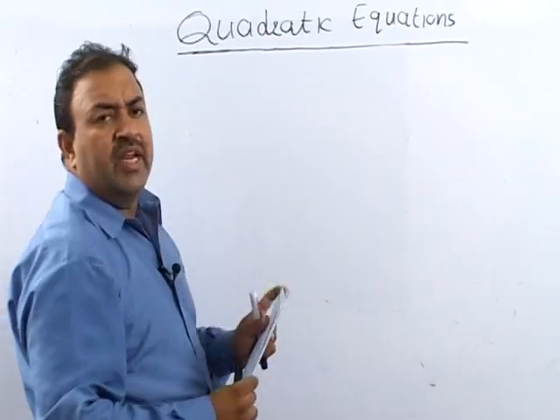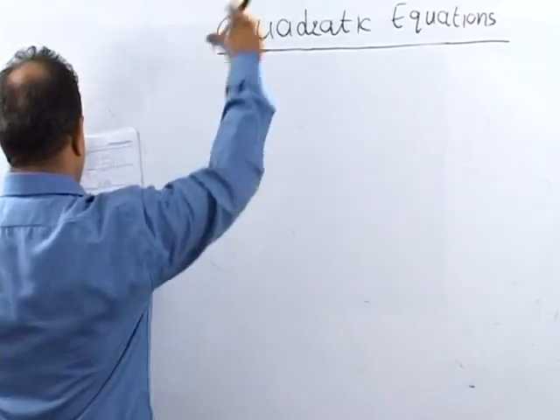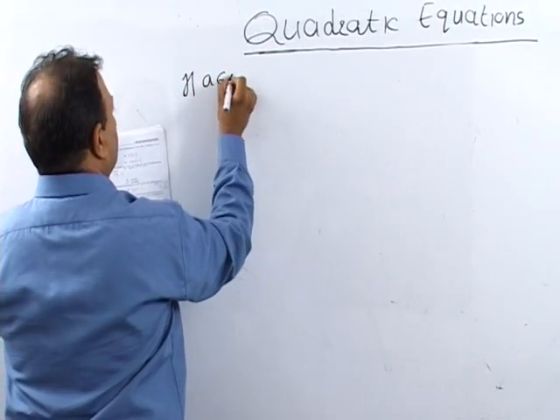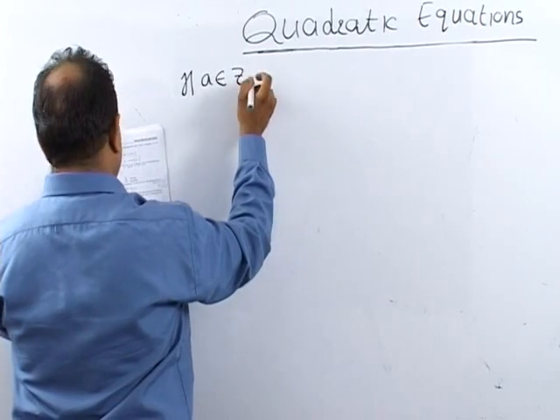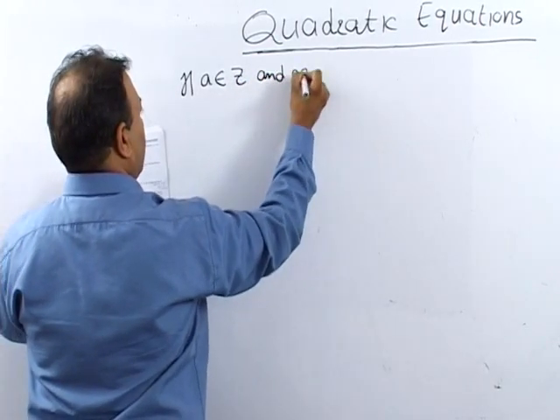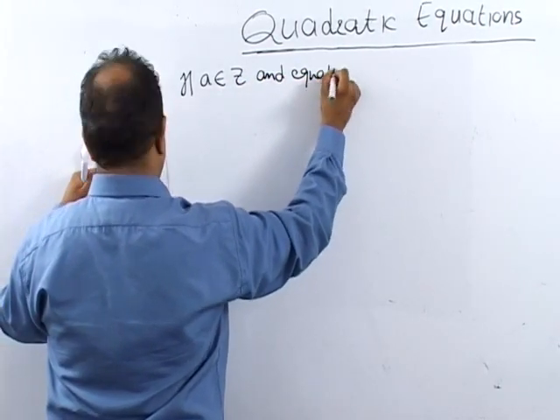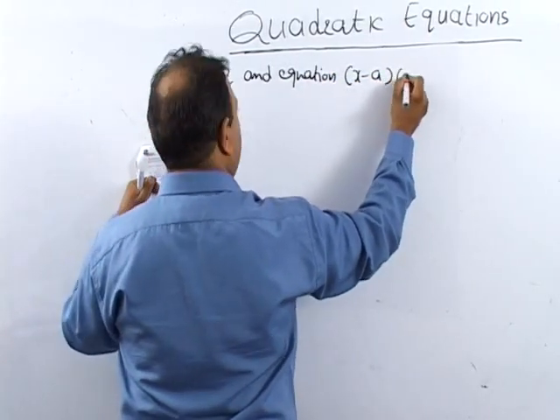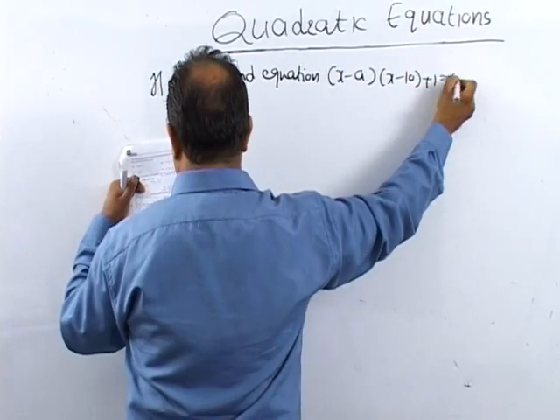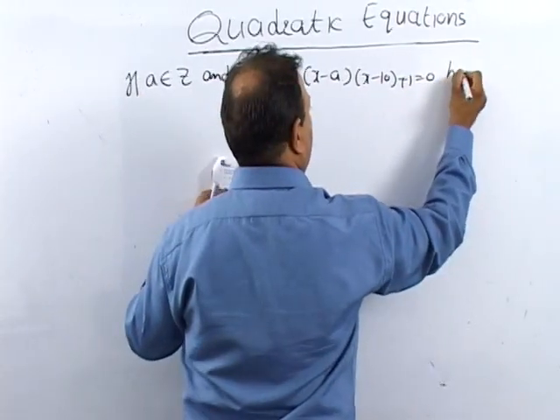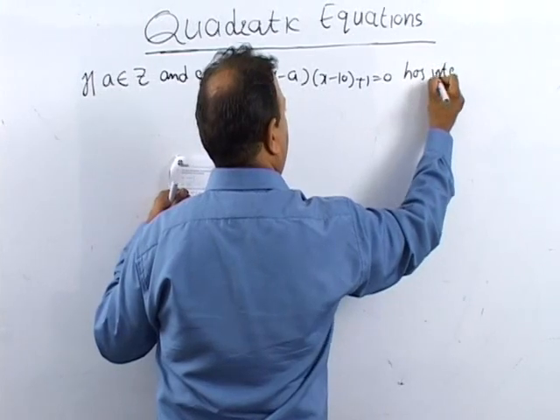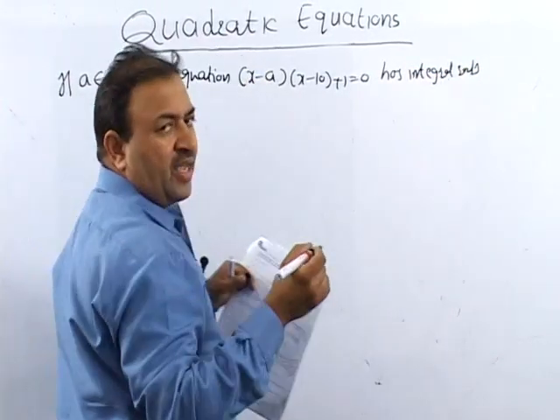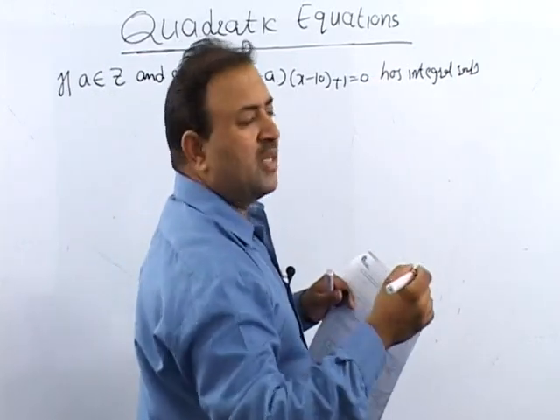It has a use of inequations we have done before. The problem is: if a belongs to Z, Z meaning integers, and the equation (x minus a)(x minus 10) plus 1 is equal to 0 has integral roots, meaning its roots will be integral, like 1, 2, 3 or minus 1, minus 2, minus 3.